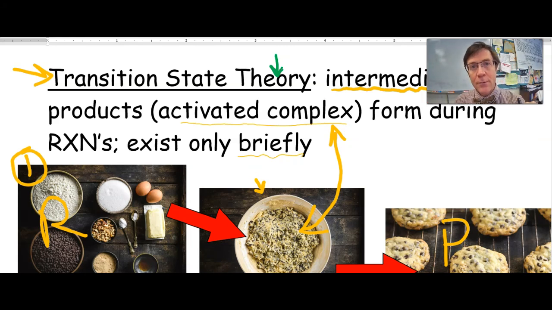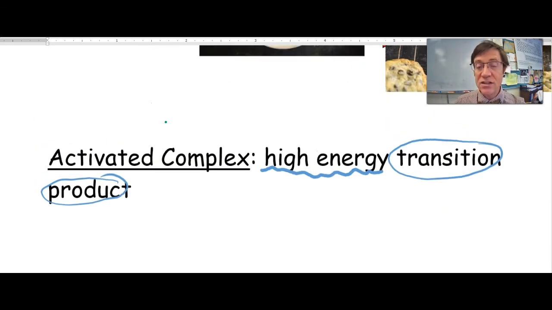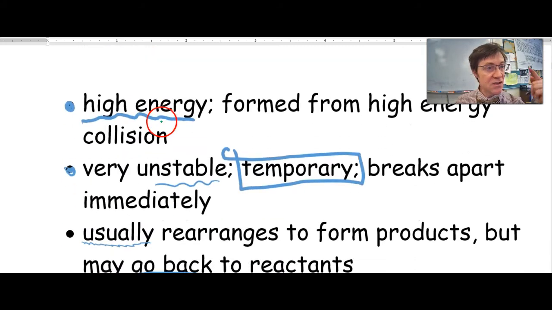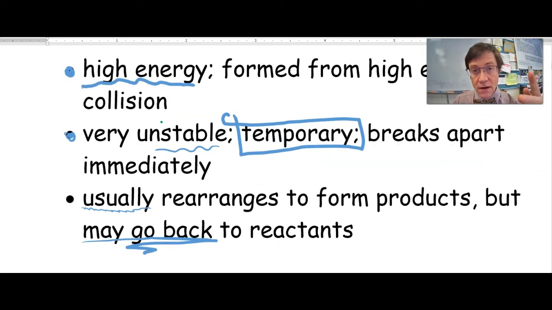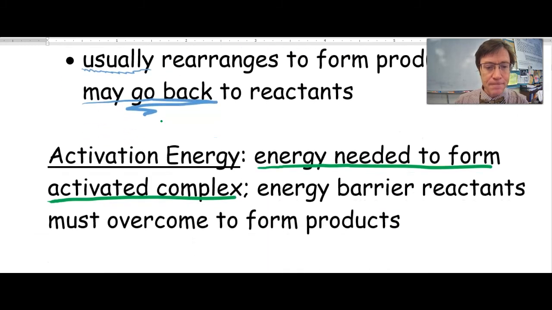And that in-between thing for chemical reactions we call the activated complex, which is a high-energy transition product. It is super high energy because all the kinetic energy is turned to potential energy. It is very unstable because it's so high energy, and as soon as it's made, it falls apart. And as the activated complex falls apart, it usually forms products, but sometimes goes back and makes reactants again.